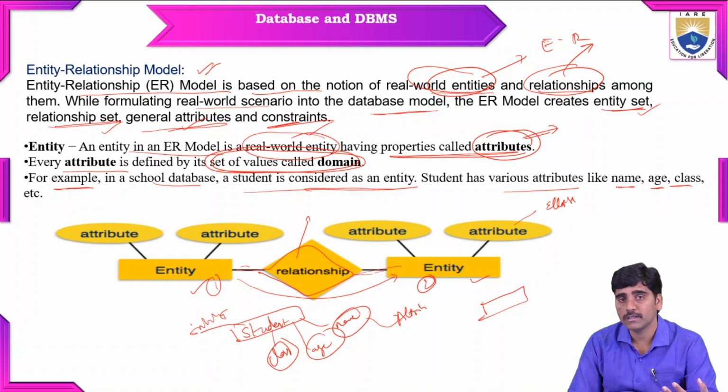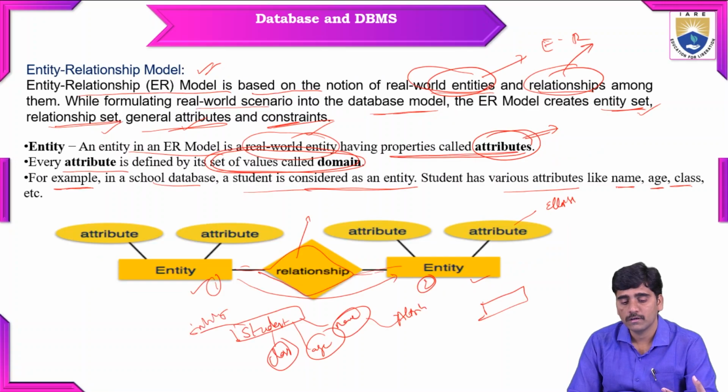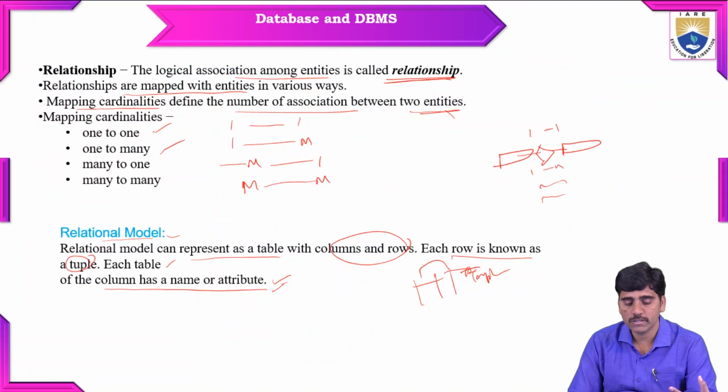In that, the entity relationship model is one such type, which contains entities, relationships, and different types of attributes, constraints, all the things. What is meant by the relational model? It contains tables, columns, and rows.